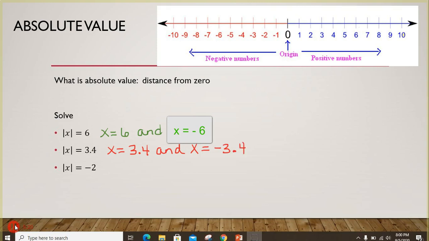So let's look at this last example. What number has an absolute value of -2? Are you thinking +2? Well, unfortunately, that is not correct, because absolute value and distance is always positive. Absolute value is always positive.